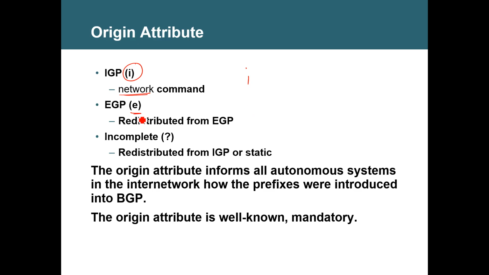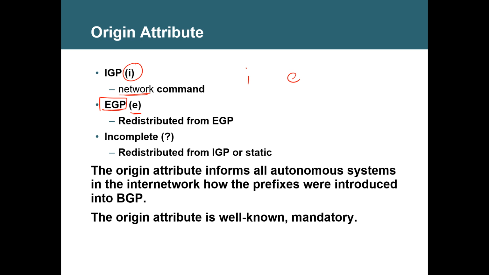There is also E. The routes that are coming from the EGP protocol and got distributed inside BGP will have E. Originally, the route was advertised in the EGP protocol. Yes, it is an old protocol before BGP. Very old routers will have it. We don't have it in any of our routers.